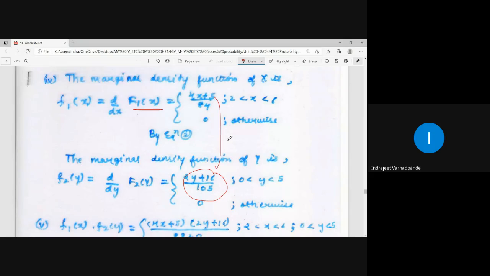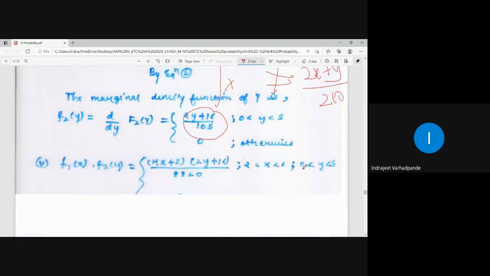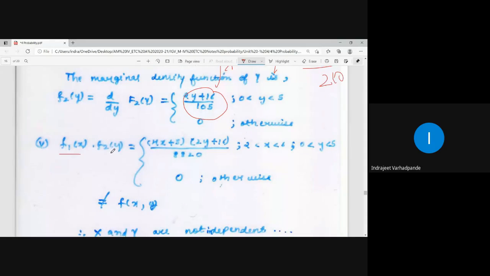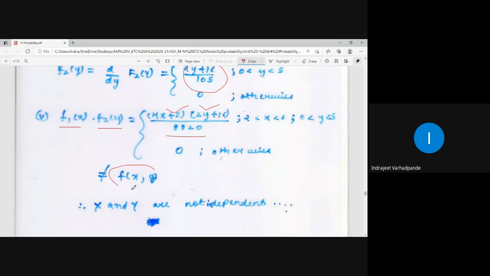ये दोनों का प्रोडक्ट अगर लेते हैं, it is not equal to 2x plus y upon 210, क्योंकि 105 into 84 will never give you 210. So f1 of x into f2 of y is 4x plus 5 into 2y plus 16 upon the product, which is not equal to original function, which is 2x plus y upon 210.